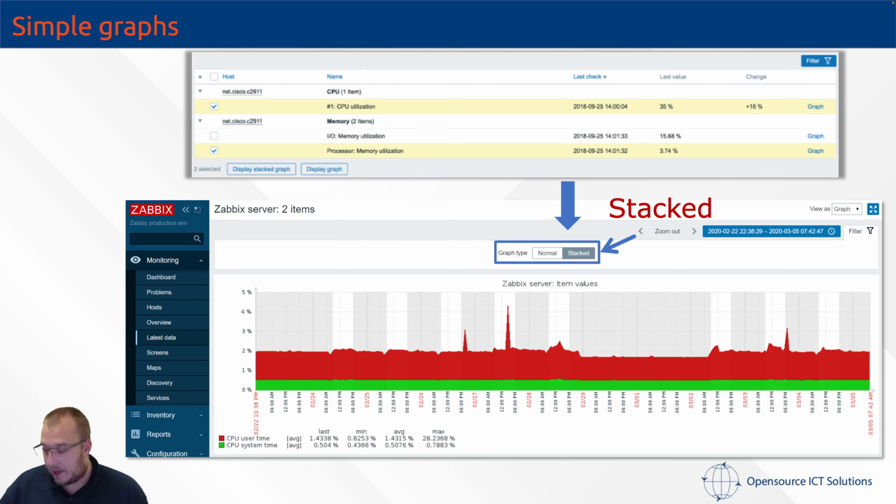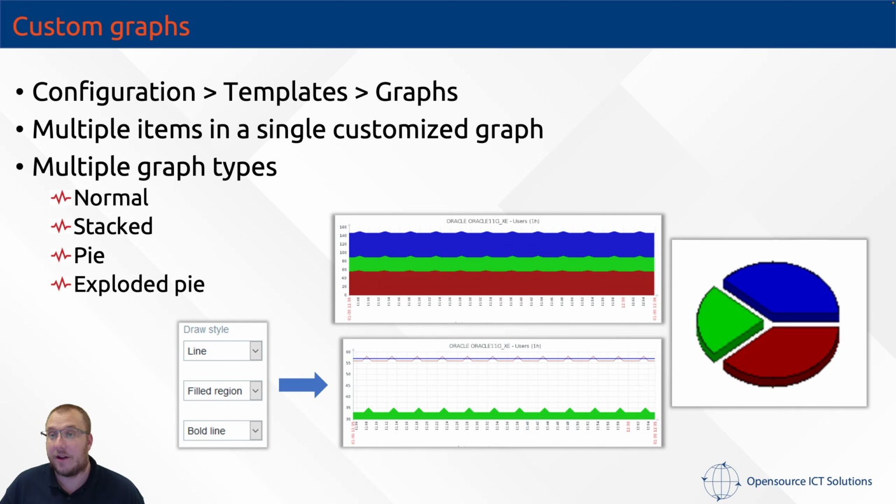In that case, we cannot really select the items as is and show an ad hoc graph, but we need to create our own custom graphs. You do that hopefully on a template.